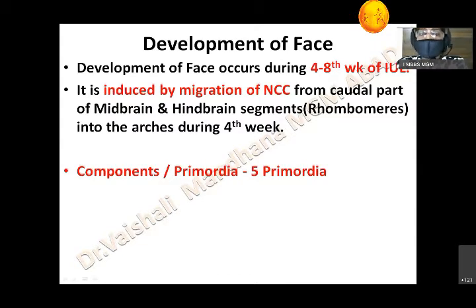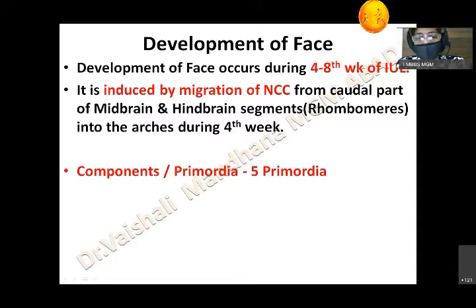So neural crest cells migrate from the hindbrain and midbrain into the arches during the 4th week. And if you remember the skeletal derivatives of the arches, particularly the first arch, that is called the mandibular arch. This mandibular arch has two prominences or two processes. One is the maxillary process, one is the mandibular process. So the maximum facial skeleton is formed by these two processes.